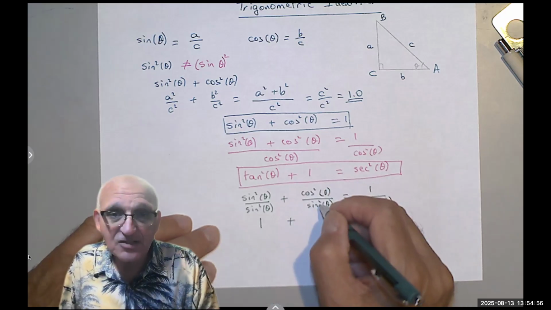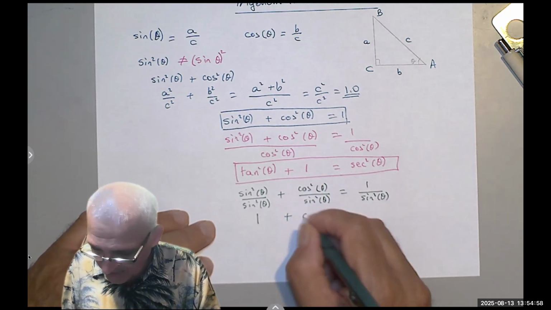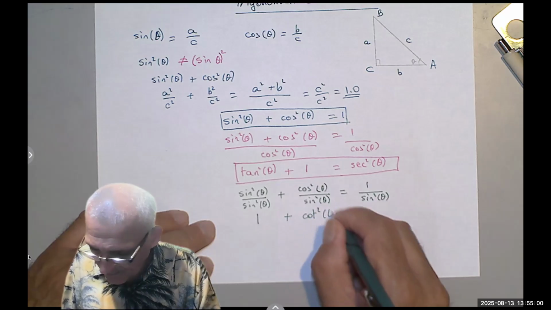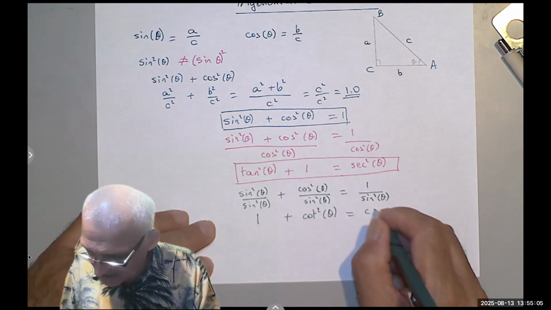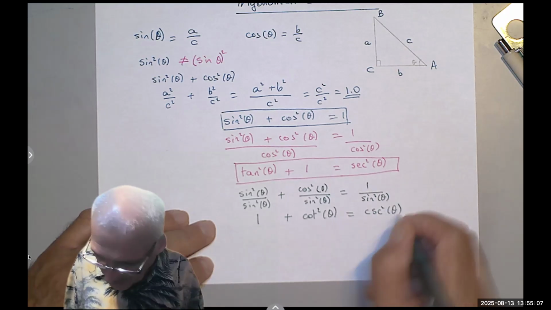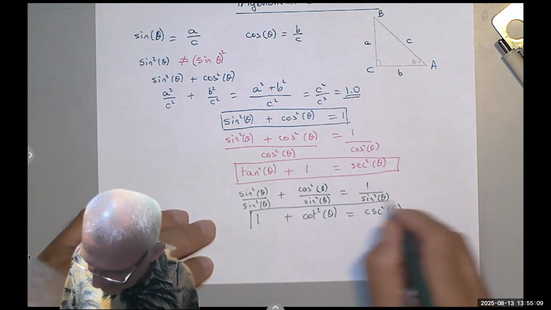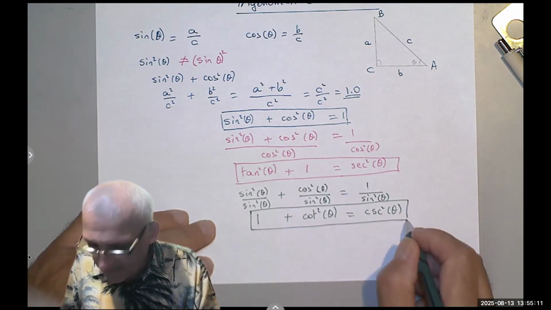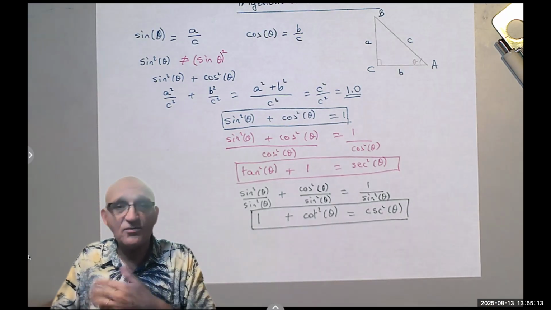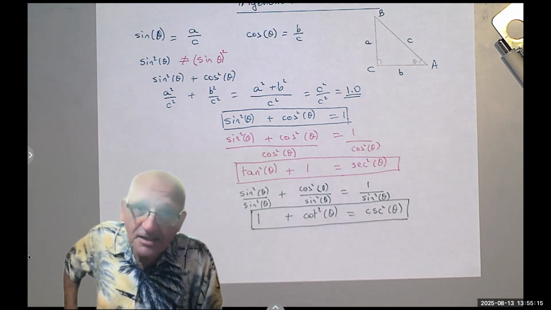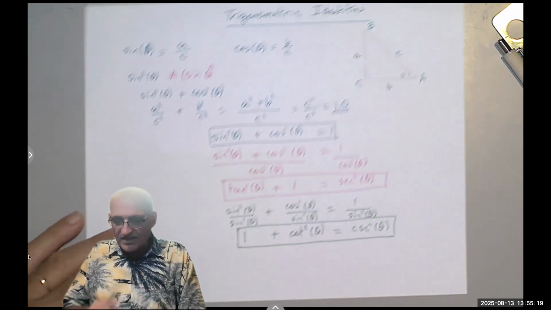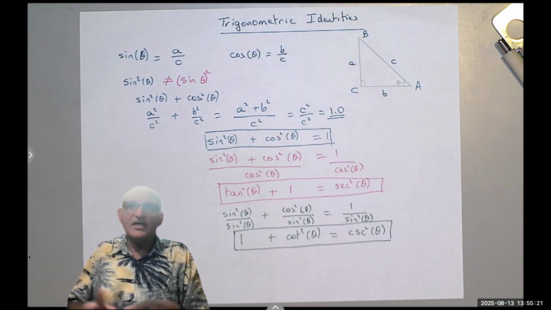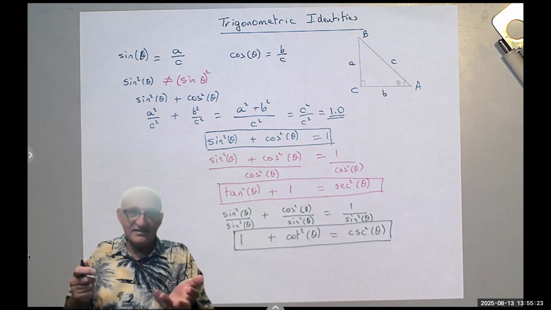Cosine over sine is cotan, square is cotan square, and 1 over sine is cosecant, so when you square it, you get cosecant square of theta. So even though they look like they are three identities, it's one and the same. You just divide by sine square once, by cosine square another time, and you get that. Okay? So the three of them are considered trig identities.